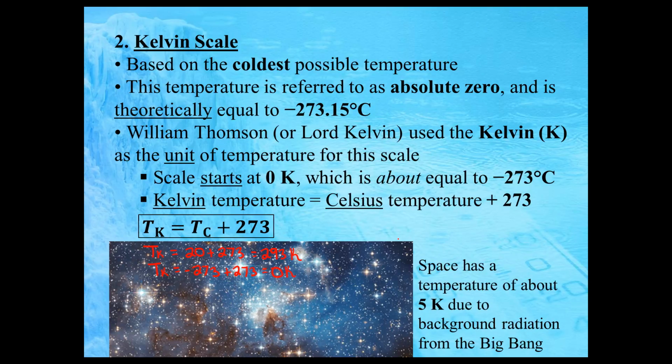If we took this equation and just manipulated it a little bit, we could get another equation to calculate Celsius from Kelvin. So the temperature in Celsius would be equal to the temperature in Kelvin minus 273.